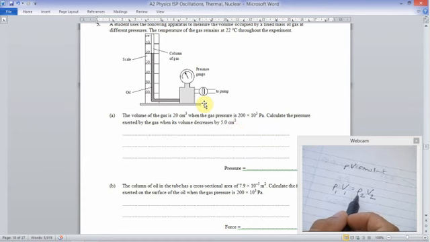The pressure afterwards is what we want. The volume afterwards, it says when the volume decreases by 5. So if it's decreased by 5, that's going to be 15.